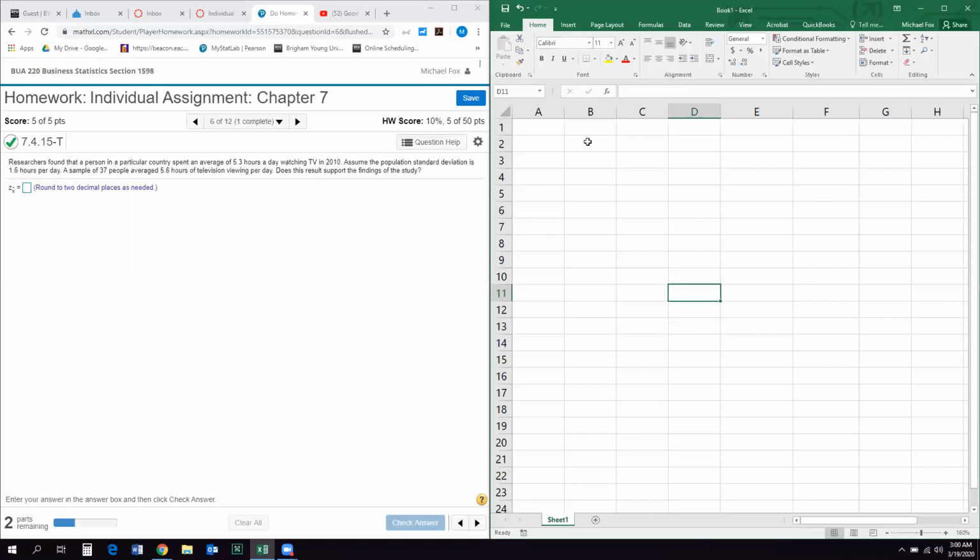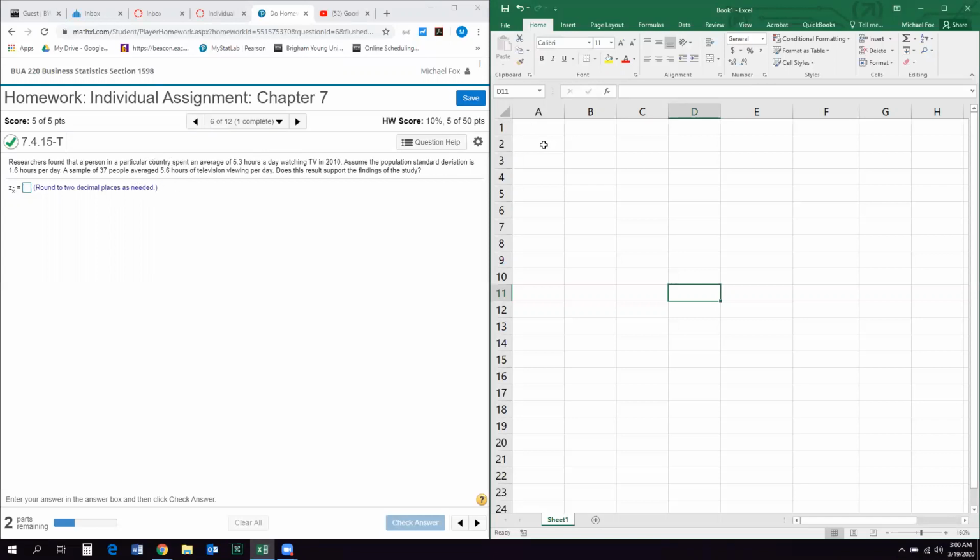So normally with something like this, we can use the function standardize to find a z-score when we have a mean and a standard deviation. The problem with this is that we don't have an actual population mean. Or I guess what I should say is we don't have the sample standard deviation.